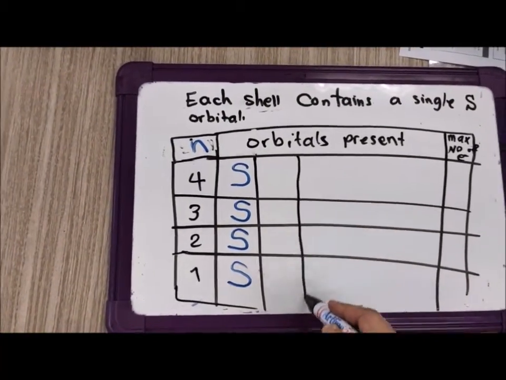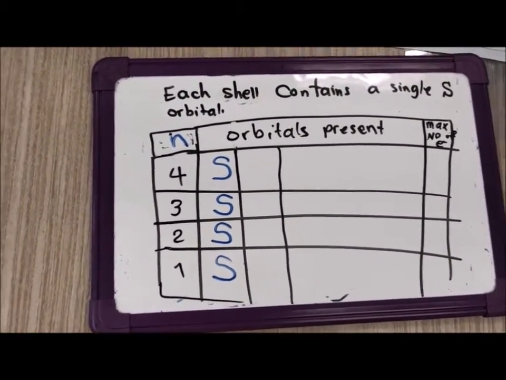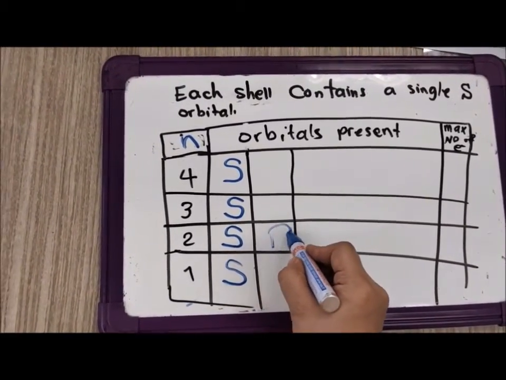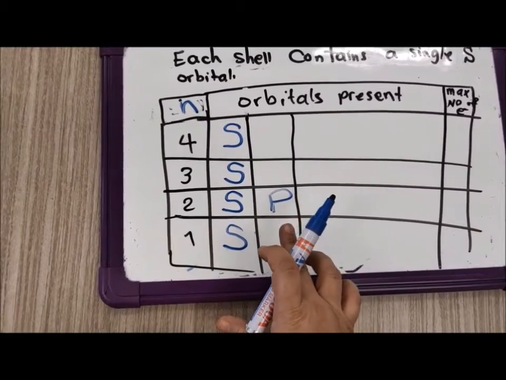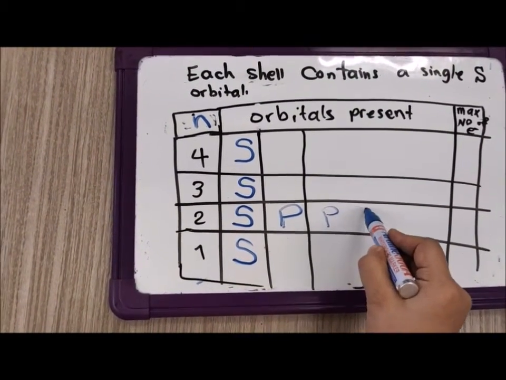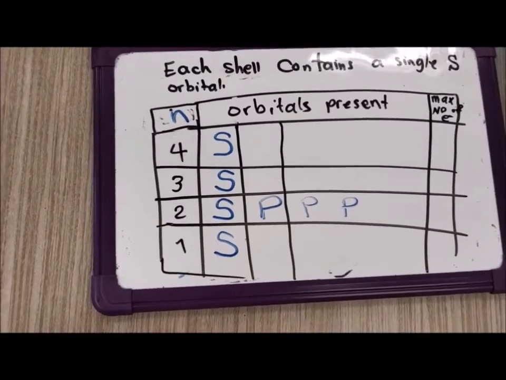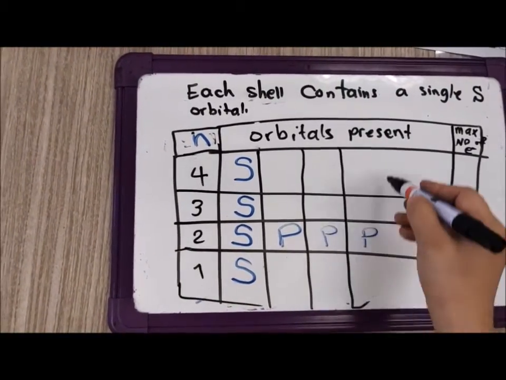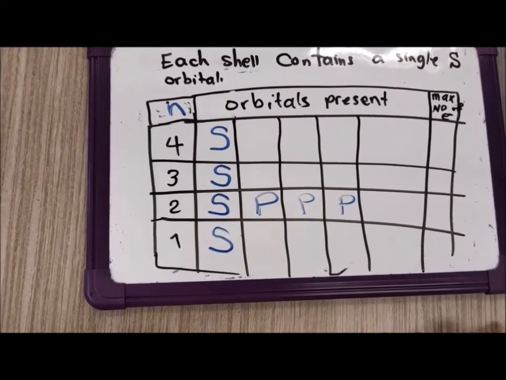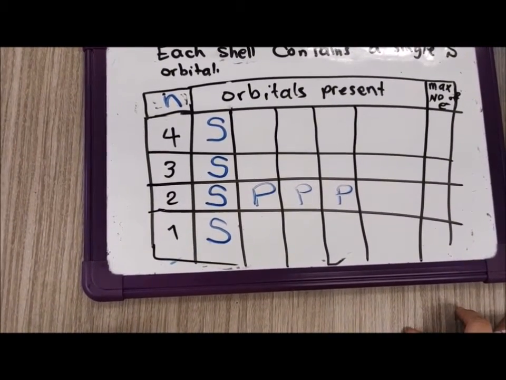From the second shell, another orbital is added, which is p orbital. And I told you that a p orbital has how many types? 3 types. 1, 2, and 3 orbitals of p. They are present in the second shell.